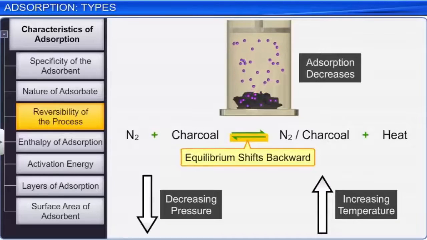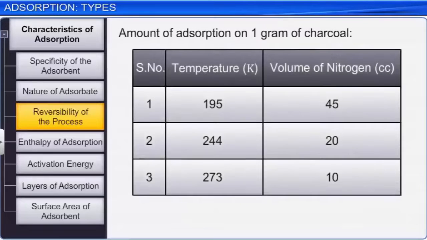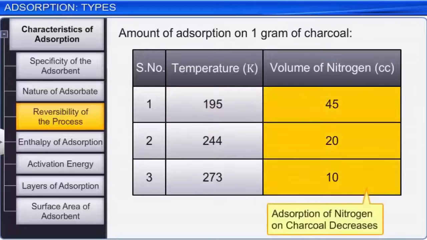In other words, desorption takes place. For example, 1 gram of charcoal adsorbs about 10 cc of nitrogen at 273 Kelvin, 20 cc at 244 Kelvin, and 45 cc at 195 Kelvin. It is observed that adsorption of nitrogen on charcoal decreases with an increase in the temperature.